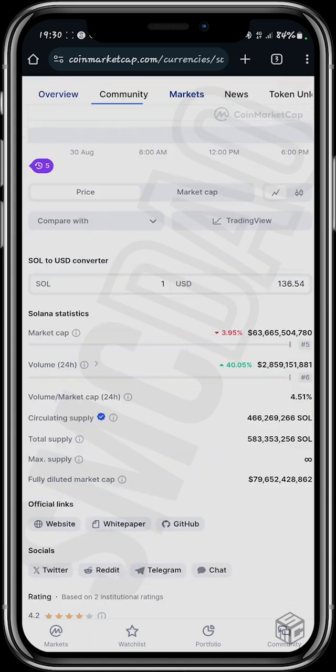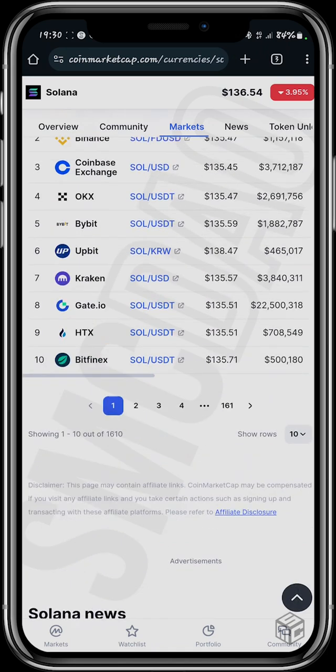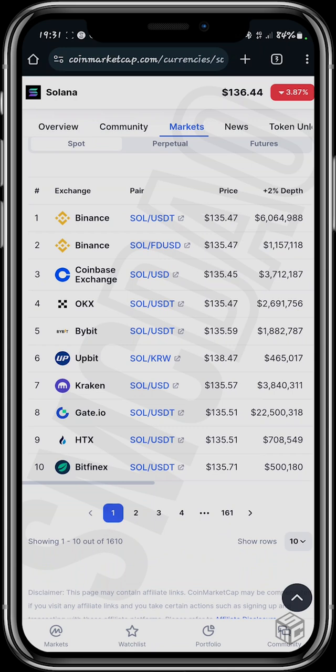You want to head over to market. Under market, we get to see the exchanges that have Solana listed. You can see we have Binance, Coinbase Exchange, OKX, Bybit, Upbit, Kraken, Gate.io, HTX, Bitfinex, and there are still many others. If you look right below, you see 1, 2, 3. There are still many pages to load for the exchanges.